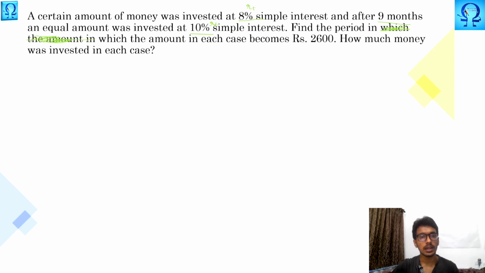So here we have to consider two different sets of information, and in each case it turns out to be rupees 2600. Now we have to find how much money was invested in each case. Let us try and tabulate the values to know what was invested in each case.